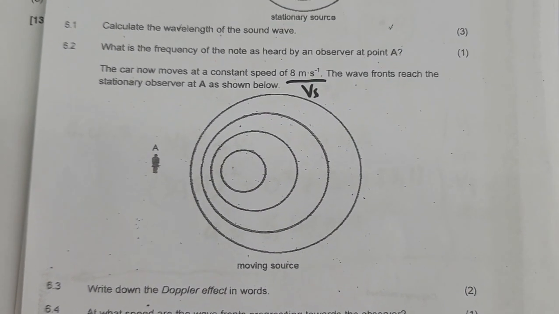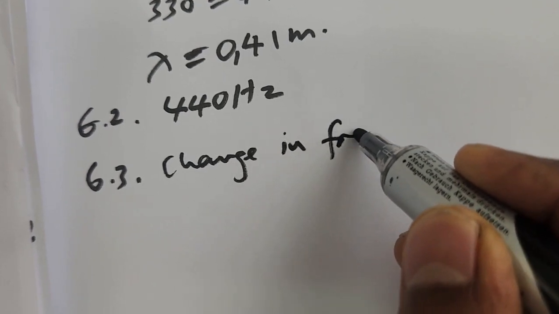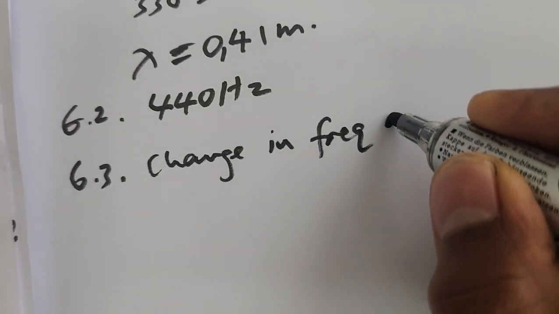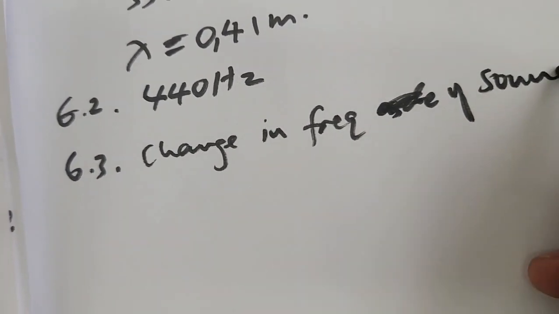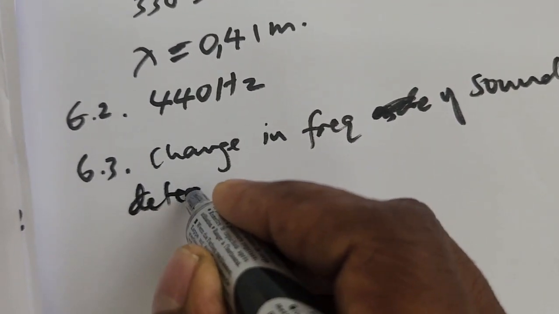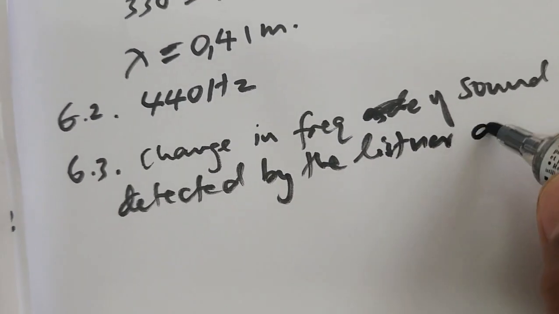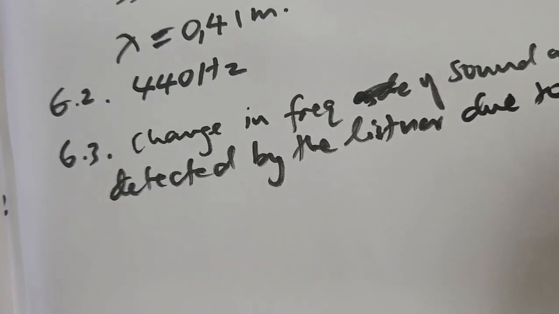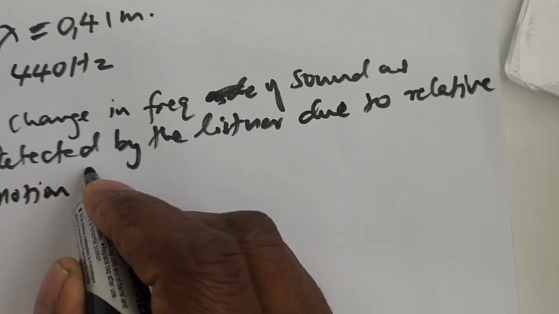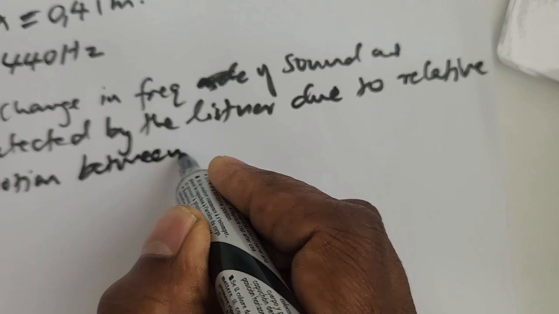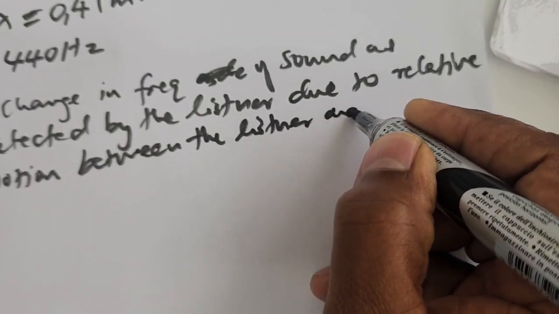Write down the Doppler effect in words. Remember we said Doppler effect is just a change in frequency of sound as detected by the listener due to relative motion between the listener and sound source.